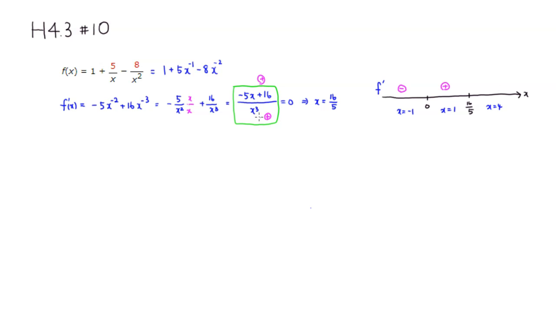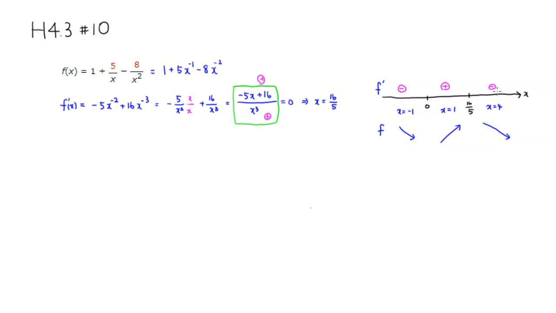If you plug in 4, the denominator is positive and the numerator is 16 minus 20, so it's negative. So we have a negative sign there. So we know that the original function is decreasing before 0, then increasing between 0 and 16 over 5, and after 16 over 5 it's decreasing.